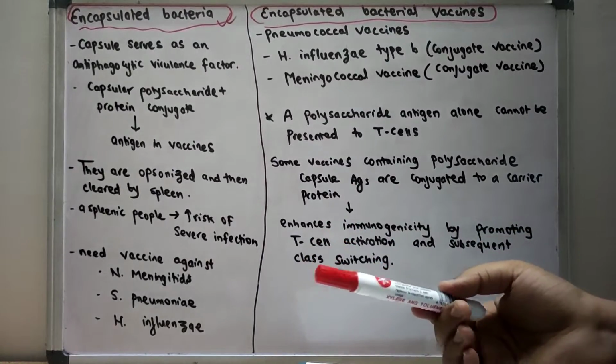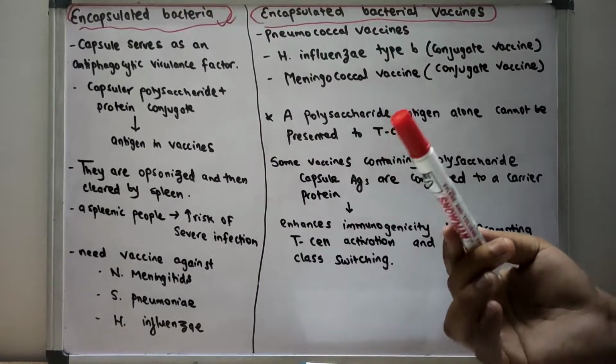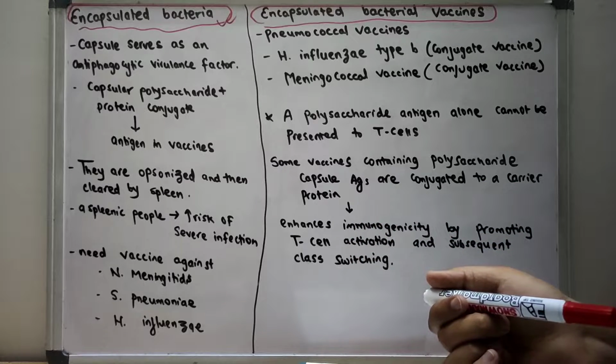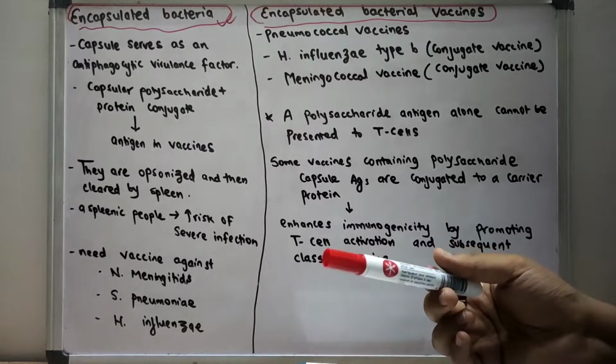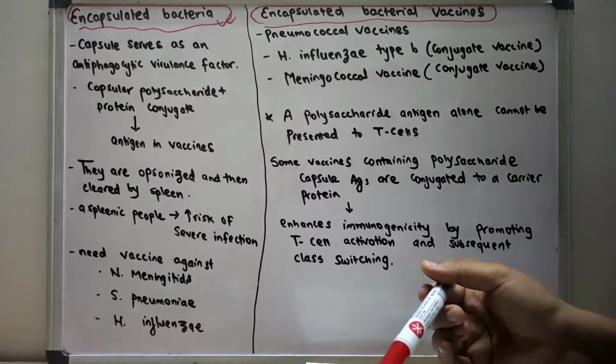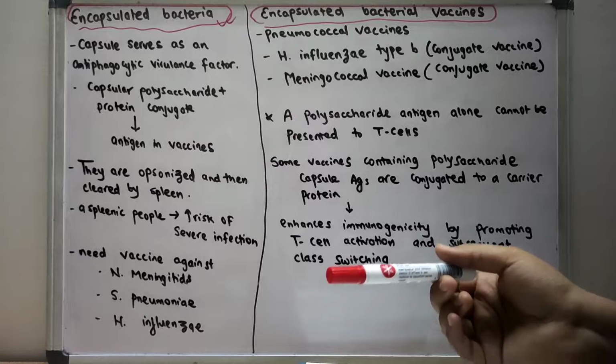In the previous video I already explained how the capsule is demonstrated with a stain. We use a negative stain, the India ink stain, for demonstration of the capsule in the bacteria.